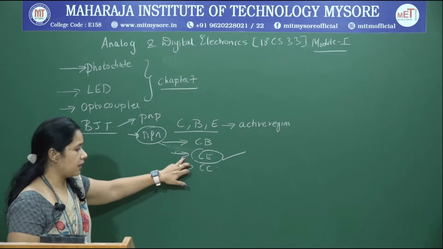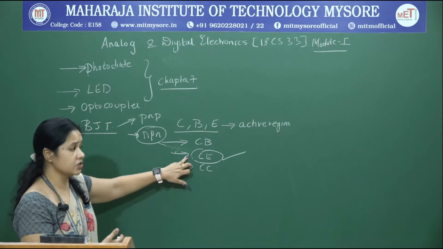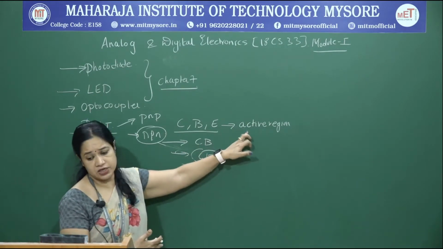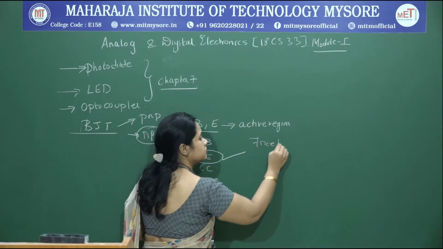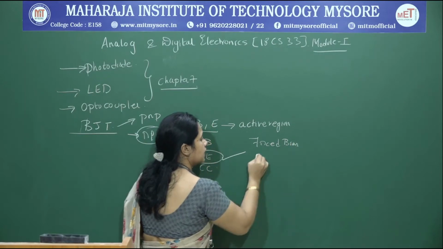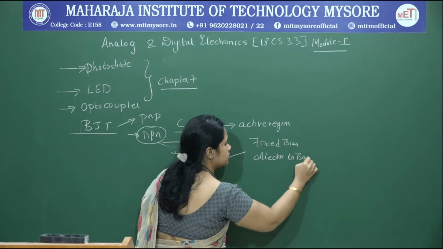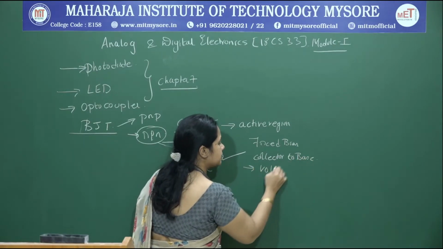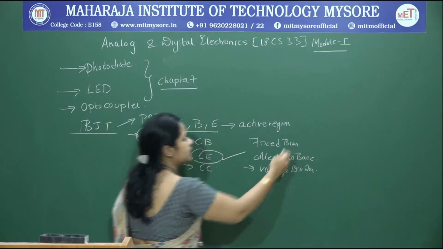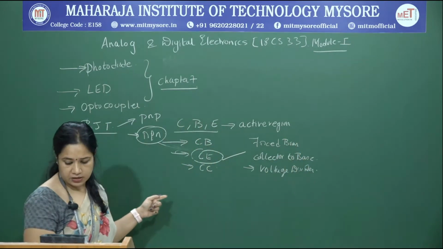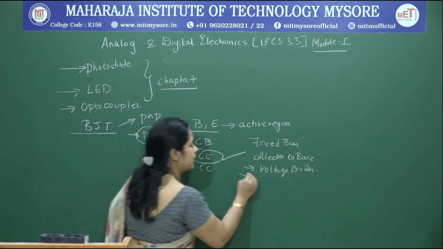There are various ways to connect your transistor in the common emitter active region. We have fixed bias, collector to base bias, voltage divider bias, and also emitter bias or self bias.